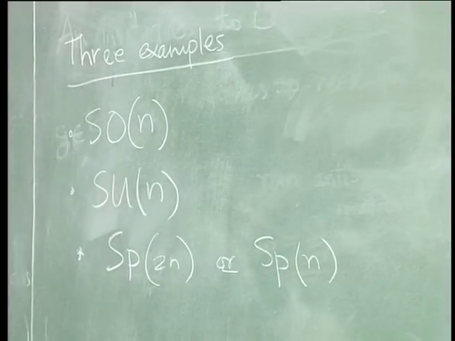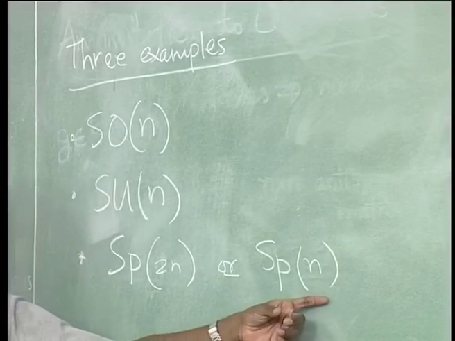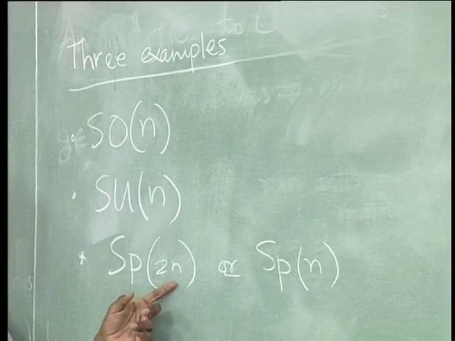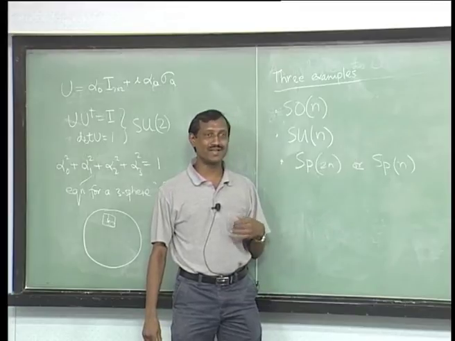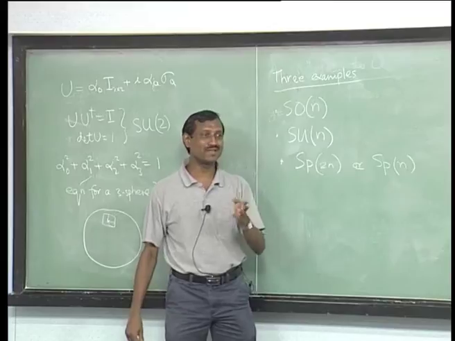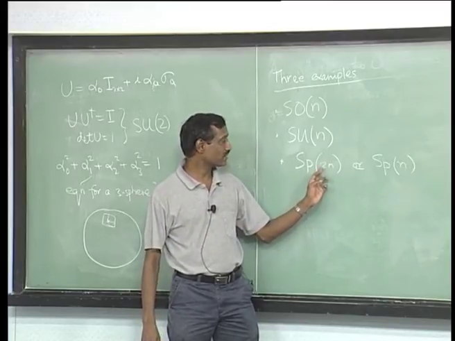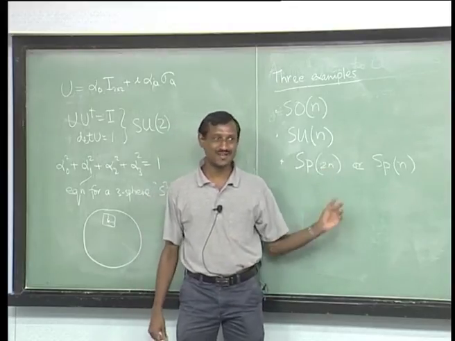Now you should be careful, some books will write SPN and some others will write SP2N. The only way to resolve the ambiguity is to ask what SP1 stands for. If SP1 is the same as SU2, which you can prove, then you just look at the first case and distinguish what their notation is.